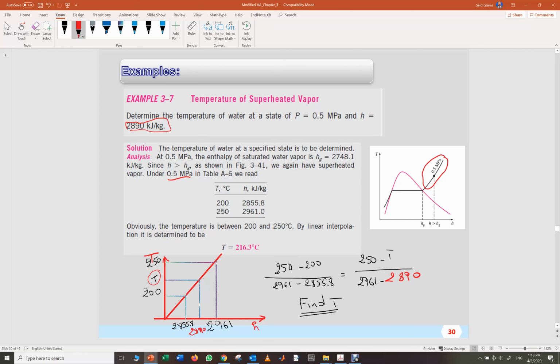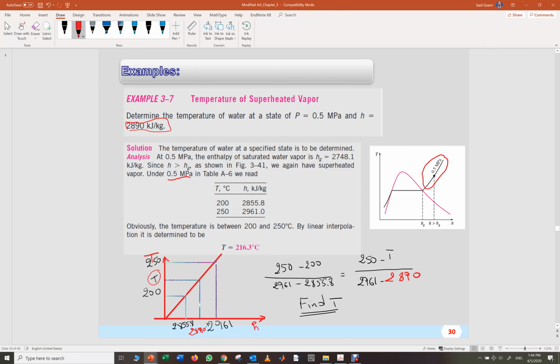So I repeat: the first slope is 250 minus 200 divided by the h for 250 minus the h for 200. It will be equal to 250 minus T divided by the h of 250 minus h of T. Here in this equation we have only one unknown, T, so we can calculate T.